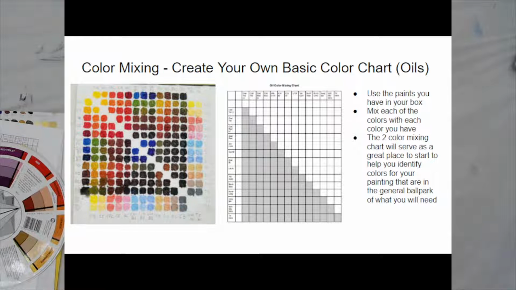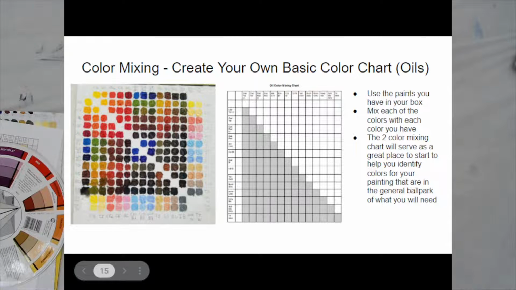But anyway, what you're doing is mixing each color in your box with each other. When you use this basic 2-color mixing chart with the colors in your box, it will at least give you a reference, so that when you're trying to figure out what color to mix, you know what will get you in the ballpark. It's a tool to help take the guesswork out of your color mixing.